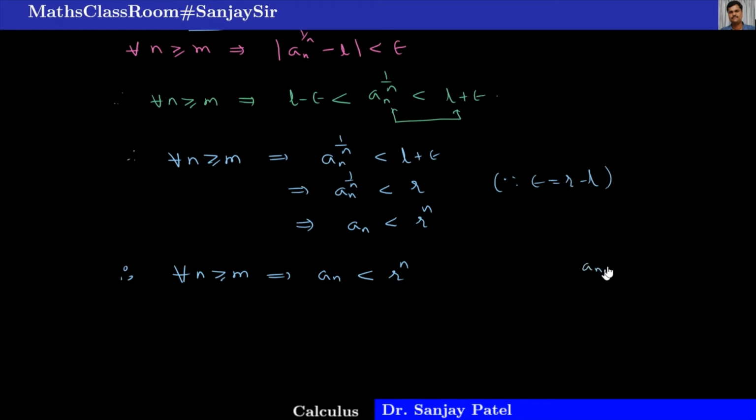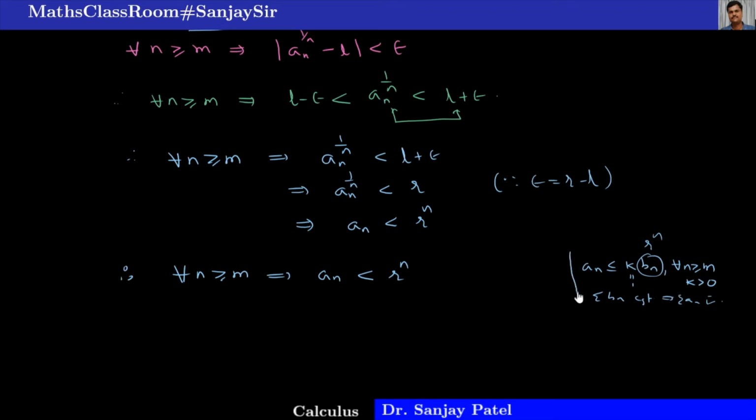If we have a_n is less than or equal to k into b_n for every n greater than or equal to m for some positive real number k and some positive integer m, and if sigma b_n is convergent, then sigma a_n is also convergent. Okay, so I want to use this comparison test. Here k is equal to 1 in our case, and this b_n is the series R raised to n. Okay, and a_n is as it is. So k is equal to 1 here.